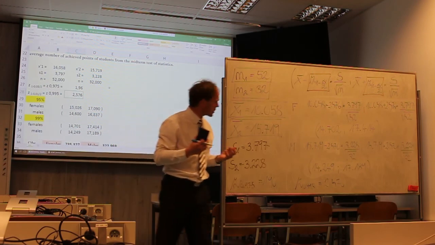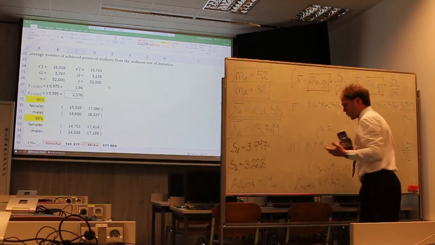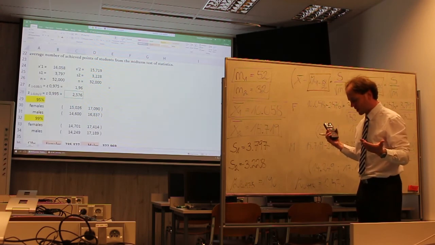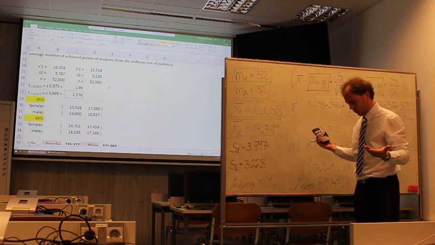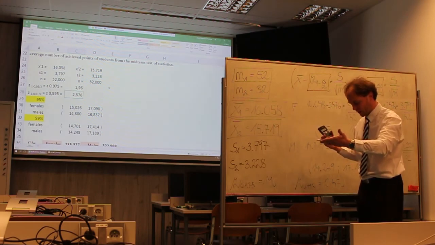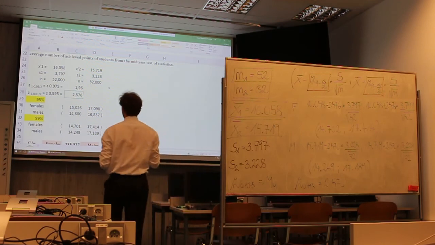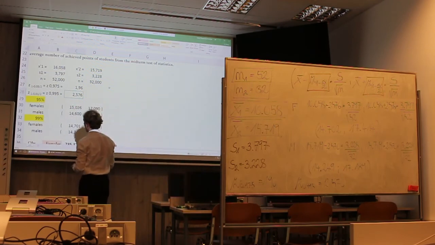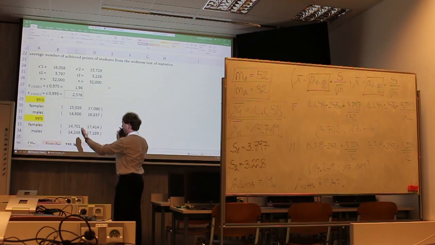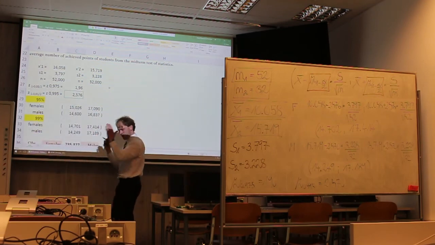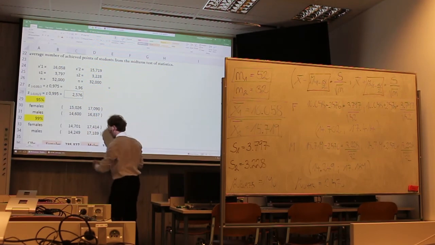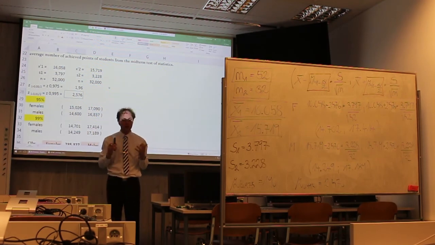Because in the first case you would like to be sure in 95% of all cases that the expected number of achieved points will be placed inside this interval, and there you require to be 99% sure that the mean expected value will be placed inside this interval.